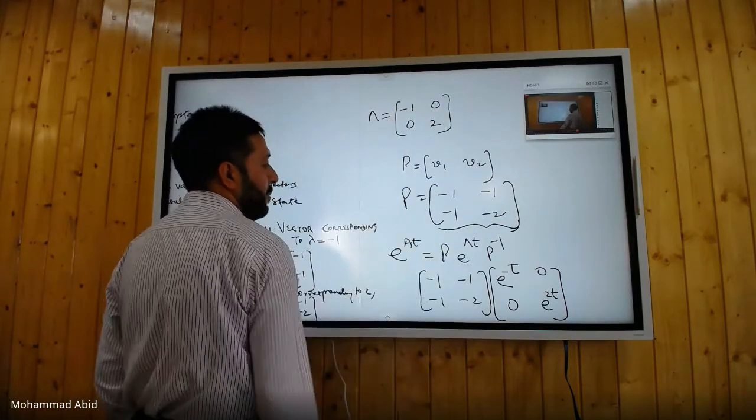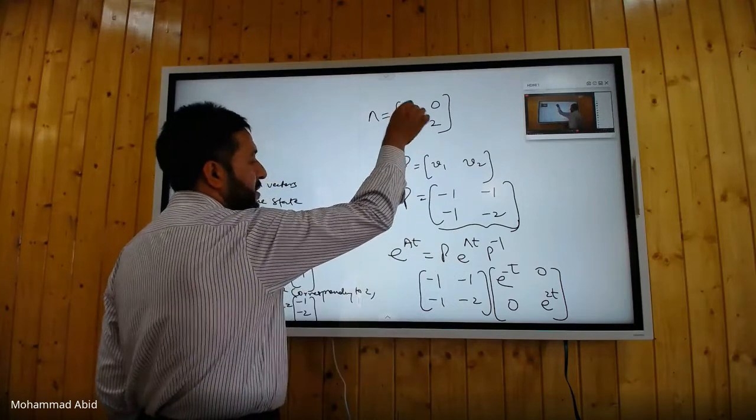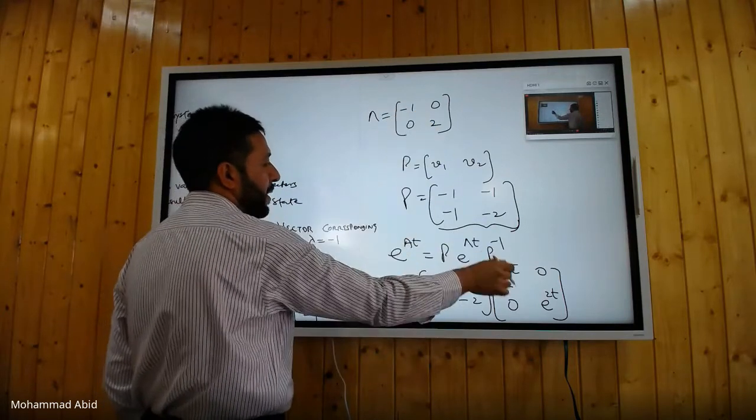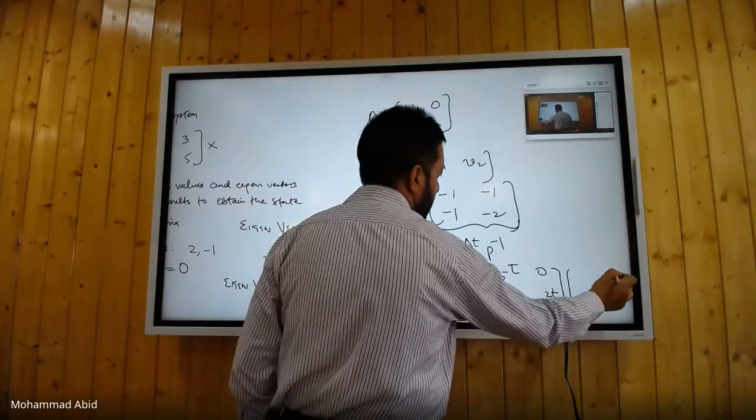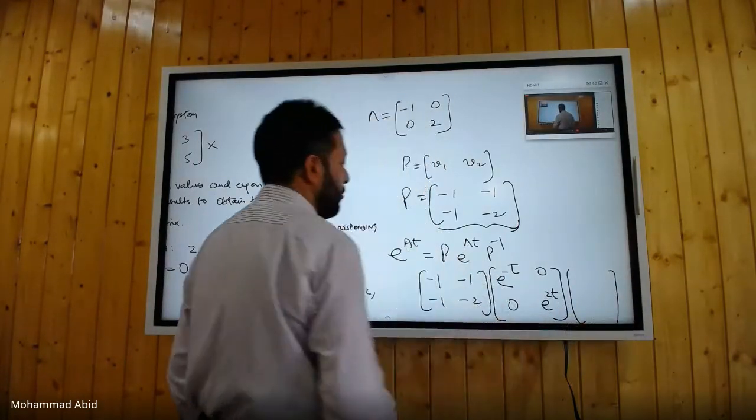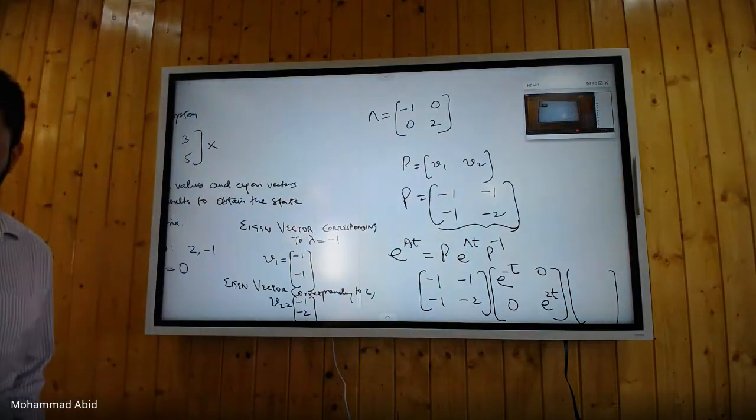So e to the power lambda t will be just raising these to e to the power: e to the power -t and e to the power 2t. And when you take the P inverse and put it here, you will get e to the power At. Just do it. Obtain P inverse and then solve this.